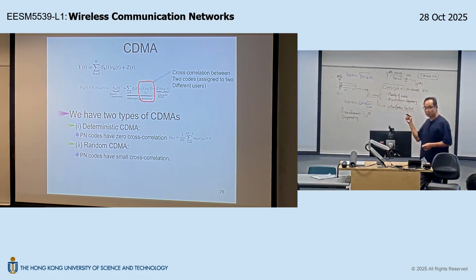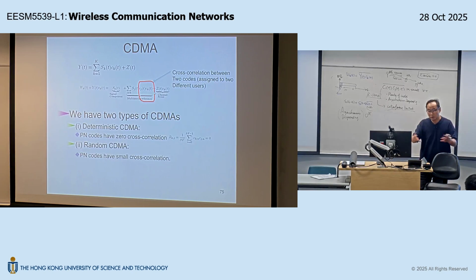Okay? This is in contrast with deterministic CDMA. Deterministic CDMA is code limited. So why in deterministic CDMA don't we need to worry about interference? Because in deterministic CDMA, this term is zero, right? When this term is zero, there is no interference. So the only limitation, the only bottleneck, is how many codes you can find. But in random CDMA, it is the other situation.